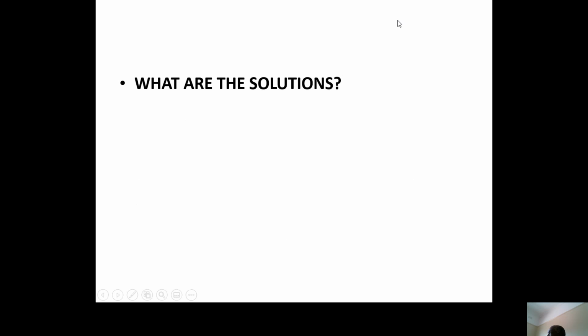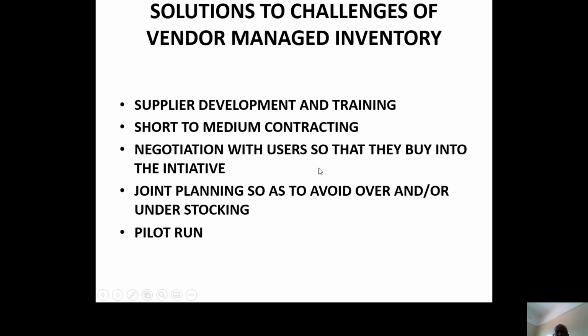So what are the solutions to all this? Do you have any solutions? I would love to know whether you have any solutions here. These are some of the solutions. Supplier development and training, short-term, medium-term contracting, negotiating with users so that they buy into the initiative.